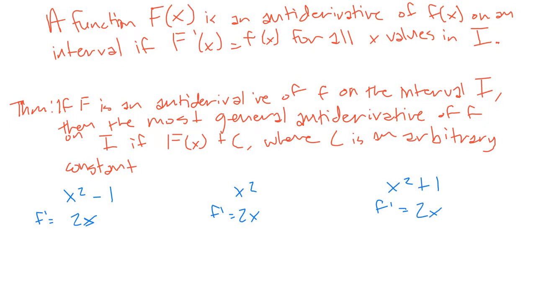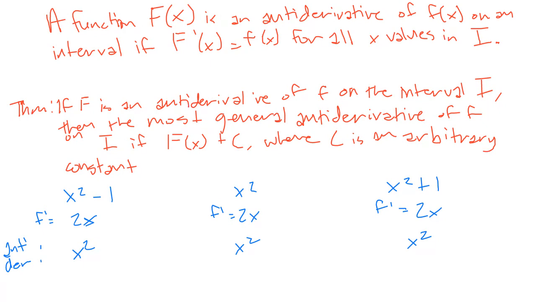Well, now let's say we want to take the antiderivative of each of these. If we take the antiderivative, we're going to get x squared, and x squared, because essentially we're just doing the opposite of a derivative. You can see that our initial functions all had different y-intercepts. They were all shifted up from each other, and they were all different functions.